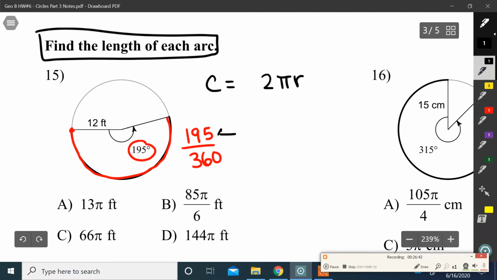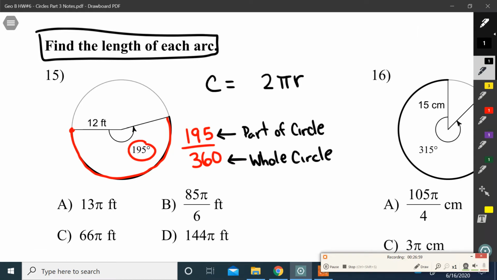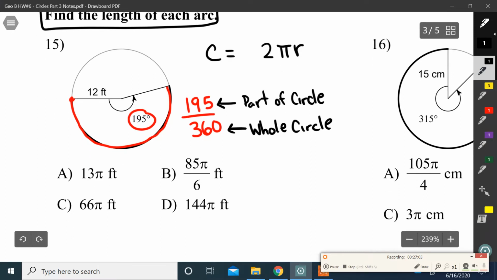Well, this is part of the circle, and this right here is the whole circle. So I only need to find 195 out of 360 of the circumference.